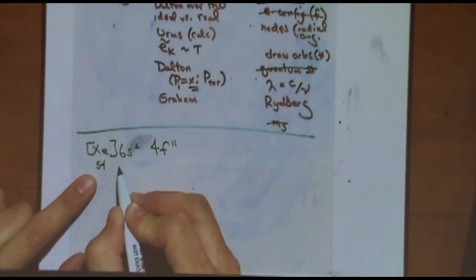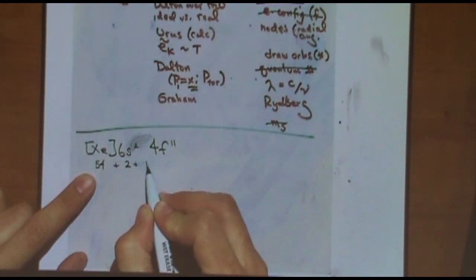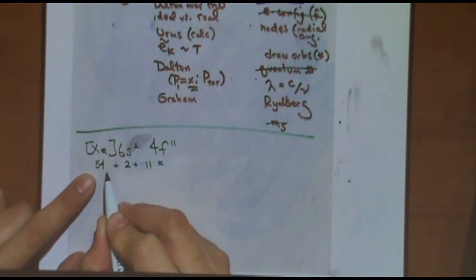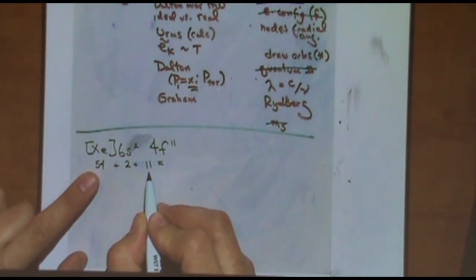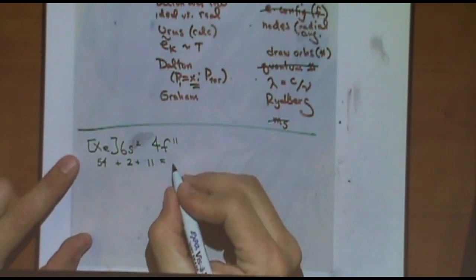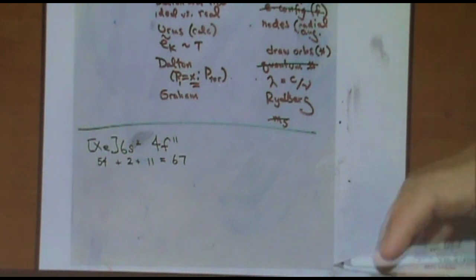Then there's 2 electrons here, and then there's 11 here. I'll just add these numbers up and see what I get. 54 plus 11 plus 2, what is it? Okay, I'll trust you. 67. Cool. And that is holmium.